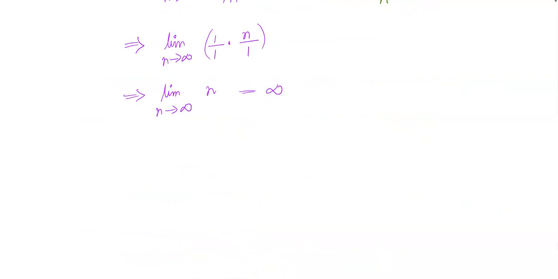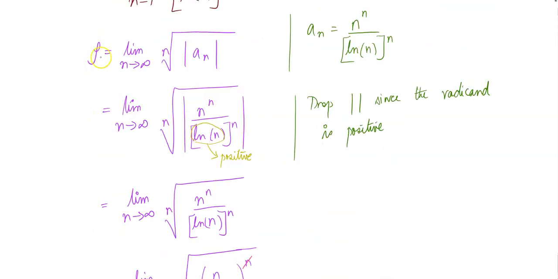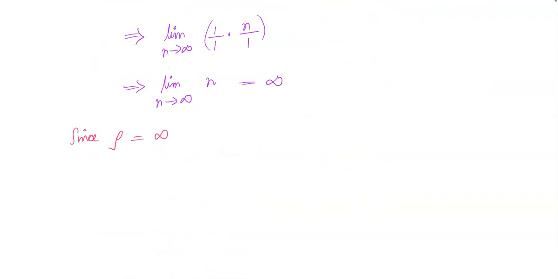So we come back and say, since rho gave us infinity, because rho is on the left-hand side, we started with rho here and carried it through. We have that rho is equal to infinity, which implies the summation of n power n over (ln n) power n diverges.